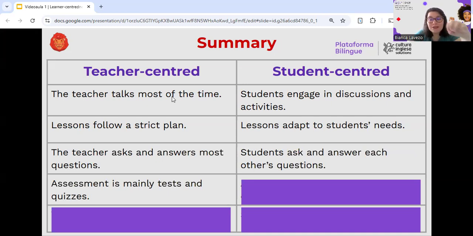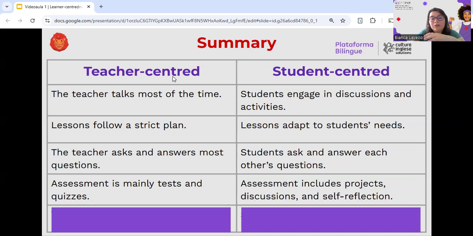Because it's so teacher-centered that the only kind of assessment that we have is tests and quizzes, because it's something very top down, let's say. But in a student-centered type of lesson, our assessment includes other things like projects, discussion, self-reflection, even things that are not really connected to a teacher-centered idea, right?